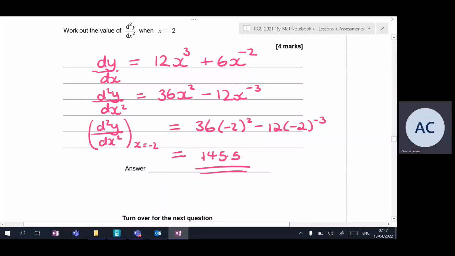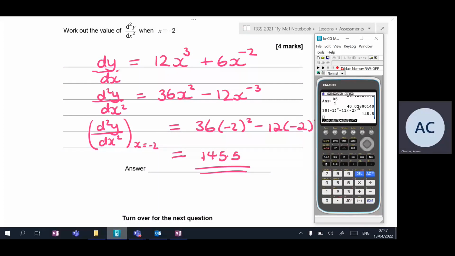Okay, remember you can check that on your calculator because your calculator does do numerical differentiation for you. So in other words, if you're subbing in a number, it can't give you the algebraic expressions, but it can give you the numerical value. So if you go on your calculator to options and then calculus, and then you should see you've got a second derivative button.